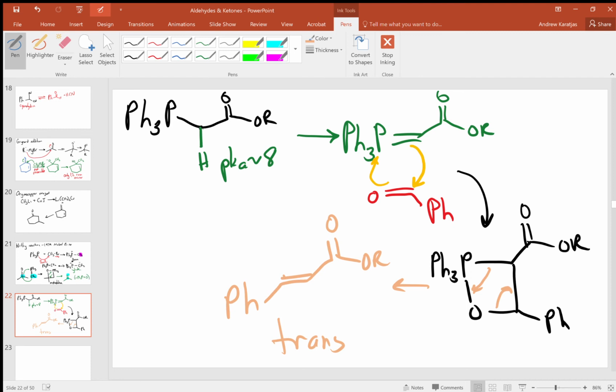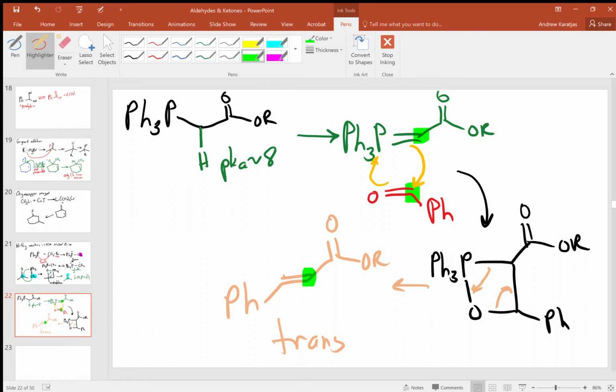But you can also start to think about how powerful this reaction is in terms of synthesis. You start with a carbonyl. We've made a new carbon-carbon bond here. Again, we're forming a new bond between the carbon of the carbonyl and the carbon of the ylide. But now, if you need to keep going, you've got an alkene, so you've got all the reactions of alkenes available to you, and you've got an ester.